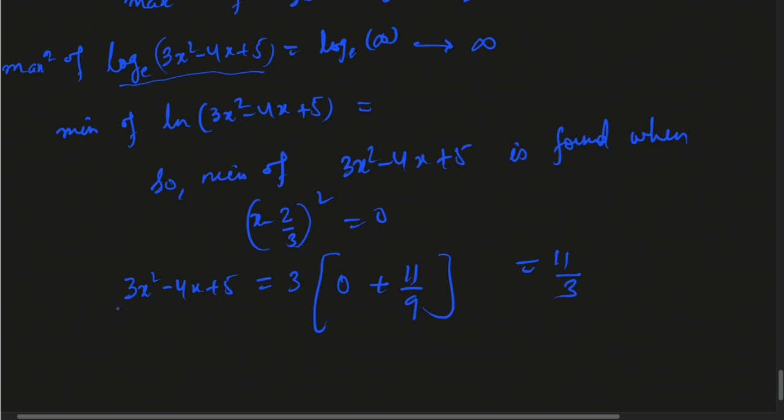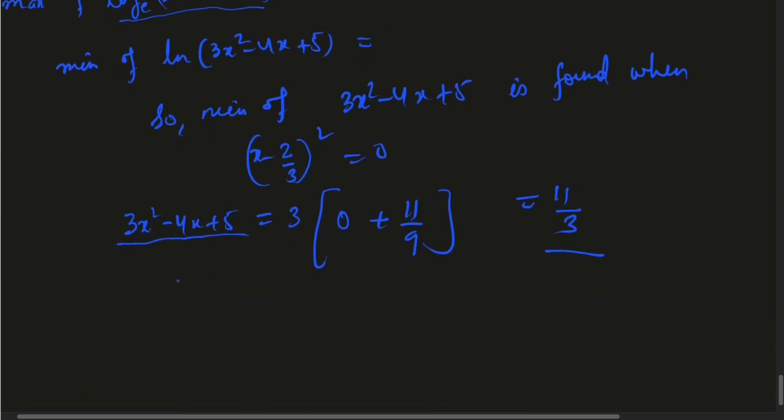The smallest value of 3x square minus 4x plus 5 becomes 11 by 3, and as we have seen, the minimum value of 3x square minus 4x plus 5 will be used to find the minimum value of ln of 3x square minus 4x plus 5. So the minimum of ln of 3x square minus 4x plus 5 will be nothing but ln 11 upon 3.